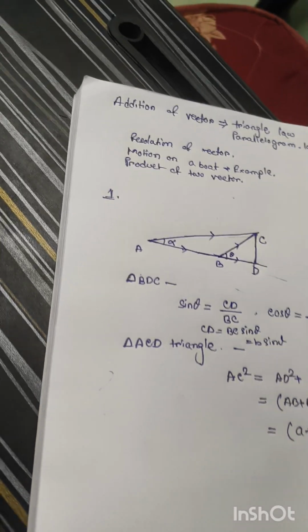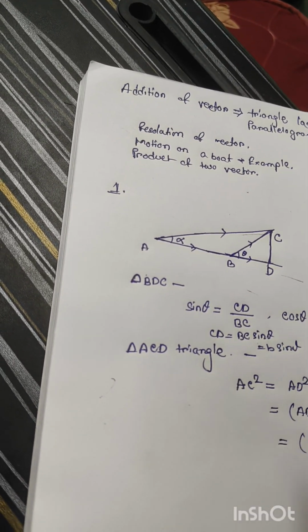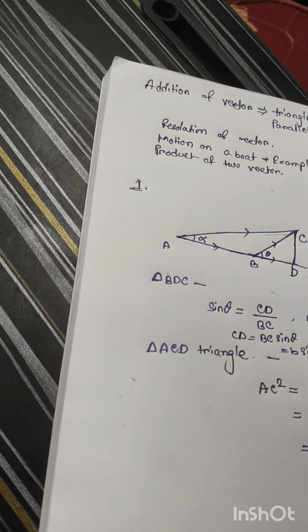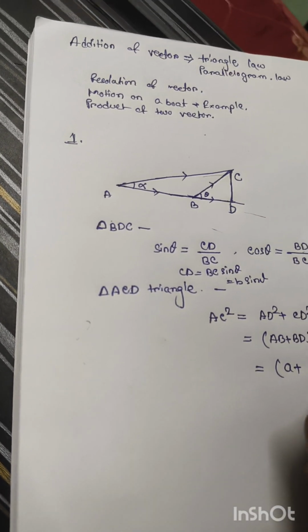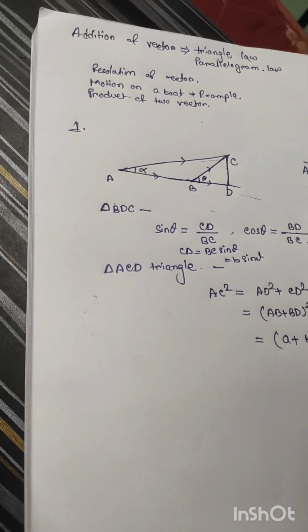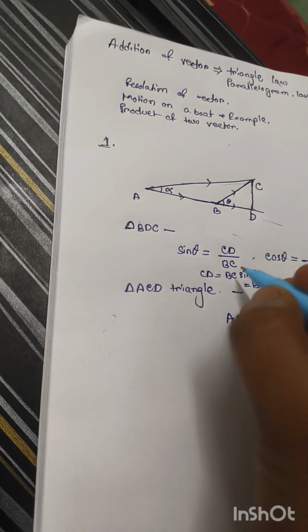AB means A plus BD. So we get B cos theta whole square plus B square sin square theta. Here CD means this.